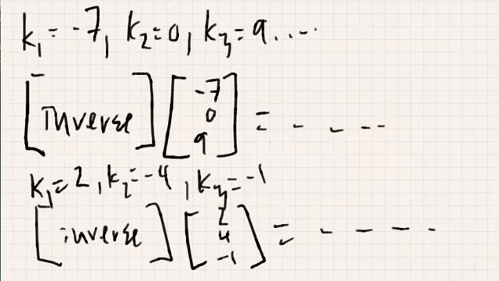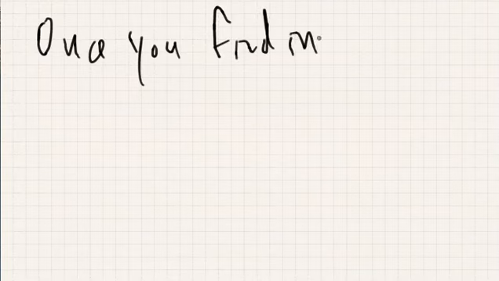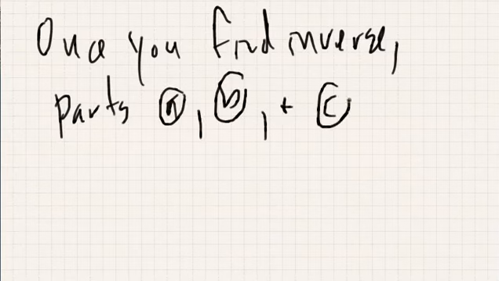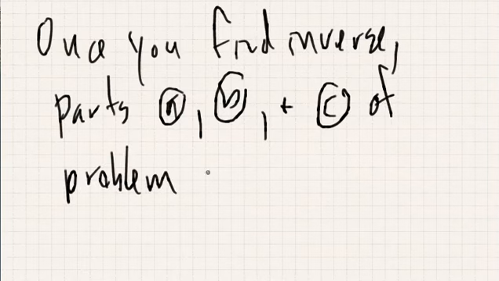So my whole point here is, once you find the inverse, parts A, B, and C of the problem are just multiplication.